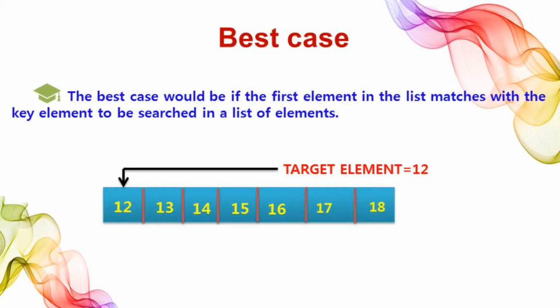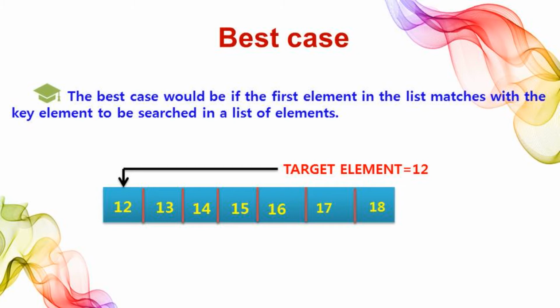Best case. Let me see an example. Suppose we want to search for a particular element in this list. The algorithm searches for the key element by comparing the key element with each element in the list sequentially.